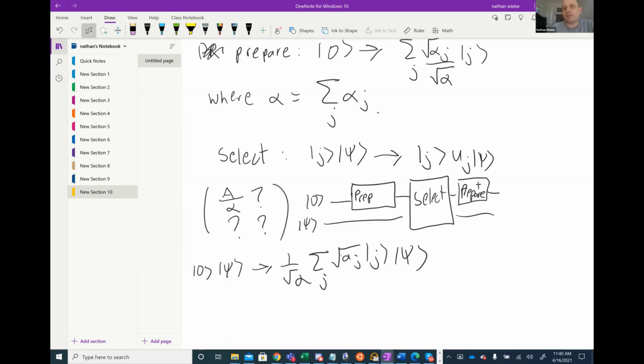A doesn't, technically speaking, for a block encoding, it doesn't necessarily have to be represented as a sum of unitary matrices. However, in practice, using one method or another, almost all Hamiltonian simulations implicitly end up breaking up either the Hamiltonian or the unitary that we're interested in into a sum of unitaries.